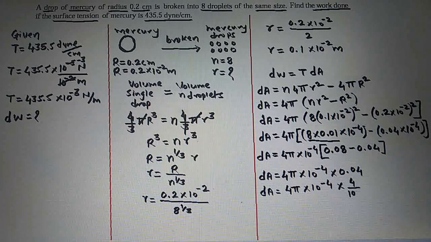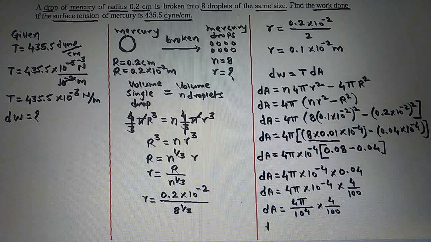we can write this as 4 divided by 100 here. Then we can write dA is equal to this 4 pi divided by this 10 raised to minus 4, in denominator it will be 10 raised to plus 4 into 4 divided by 100 here.